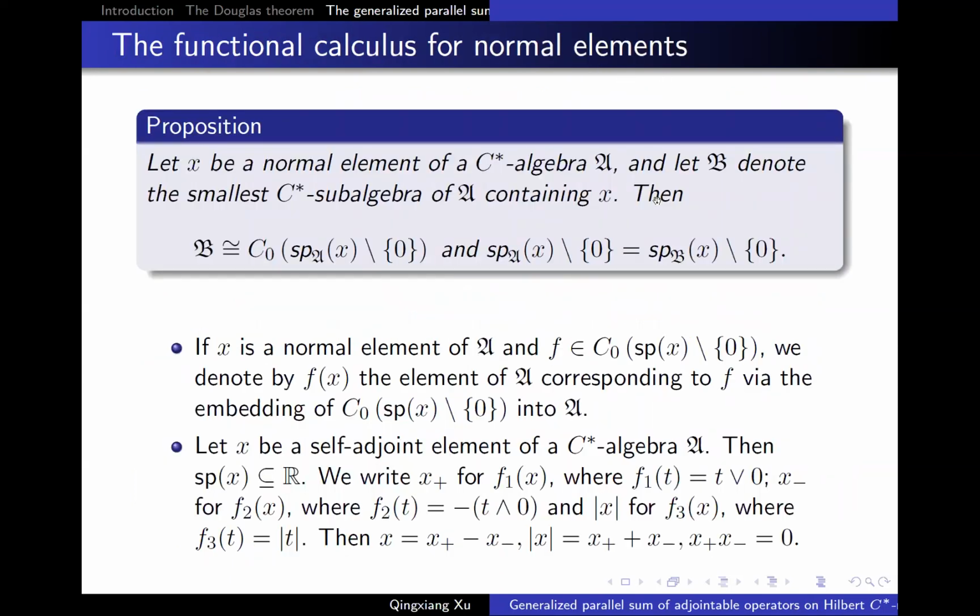And suppose a C* algebra is not commutative, then we can deal with things in a local way. That is, suppose X is a normal element, or more specifically, if X is self-adjoint, then we just consider the C* algebra generated by X. Then this C* algebra is commutative.